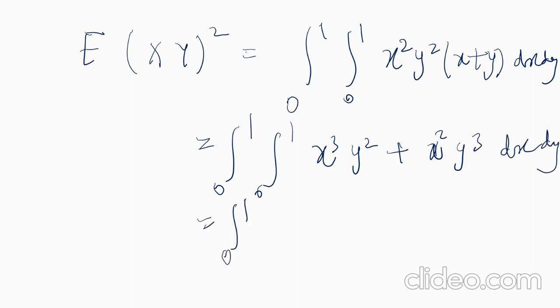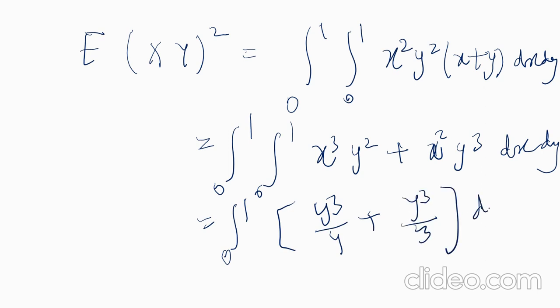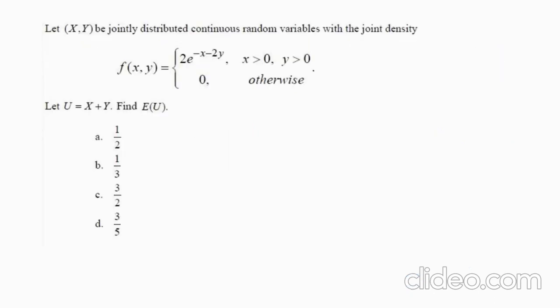X cube will be x to the power 4 upon 4, and this one will be y cube upon 3, so y to the power 4 of this one. So y cube with y square, 4 by 3, 3 by 4, so basically 1 by 12, and this gives 1 by 6.